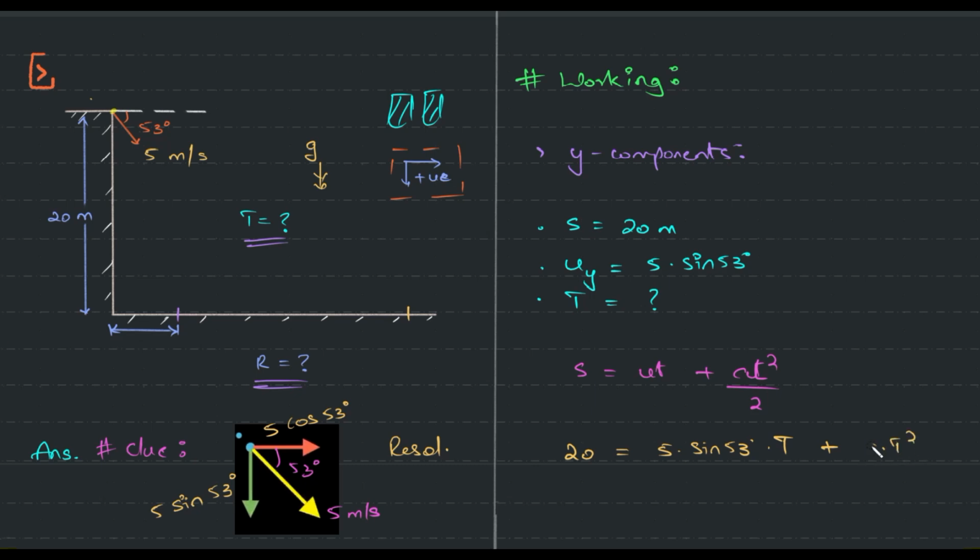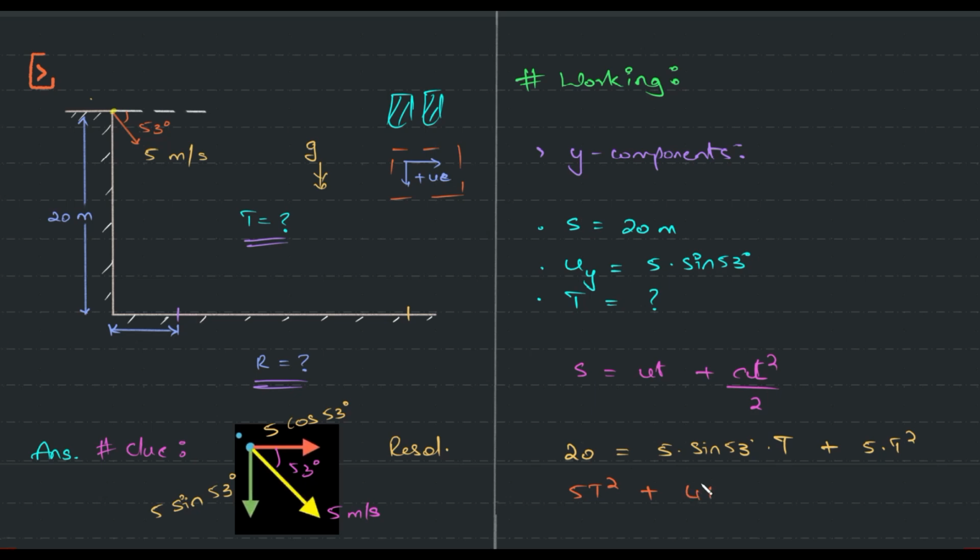So this will be 5. So sine 53, it's a rounded number, right? I forgot the value. It's 0.8, approximately 0.8. So if I rearrange, I'll get 5t square plus 5 times 0.8, that is 4.